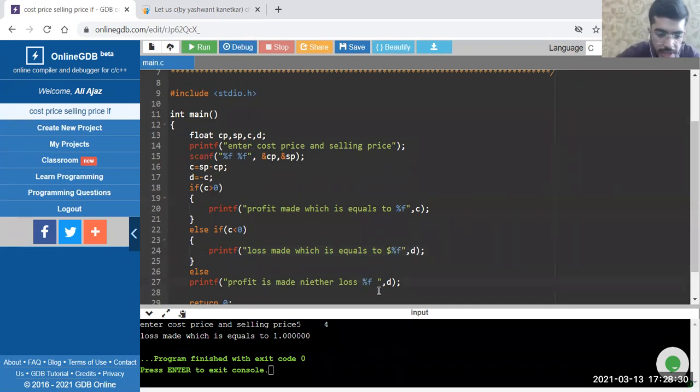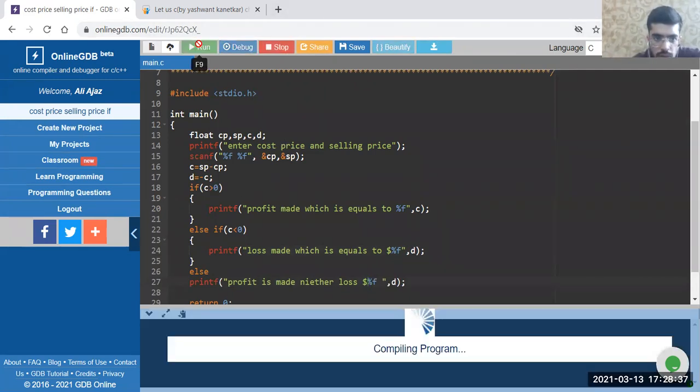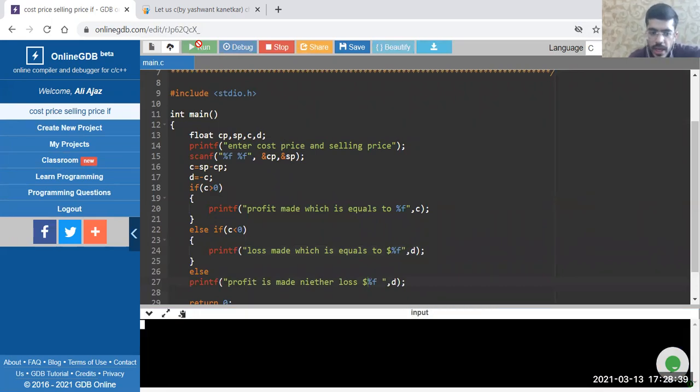Okay, now the third scenario. In the third scenario, we are giving both values the same, like 5 and 5, the selling price is 5 and the cost price is also 5.